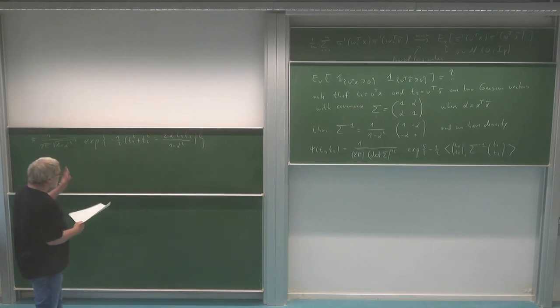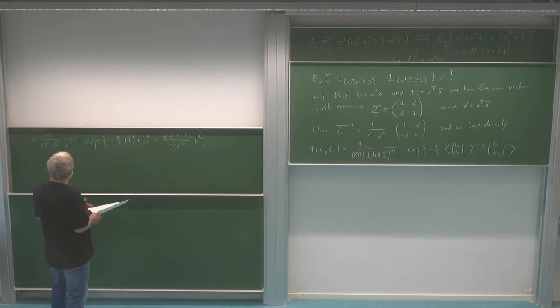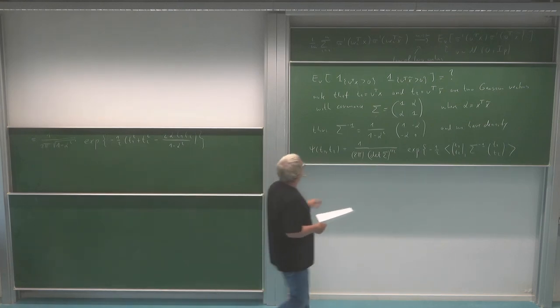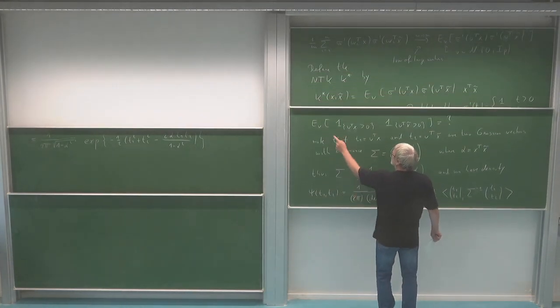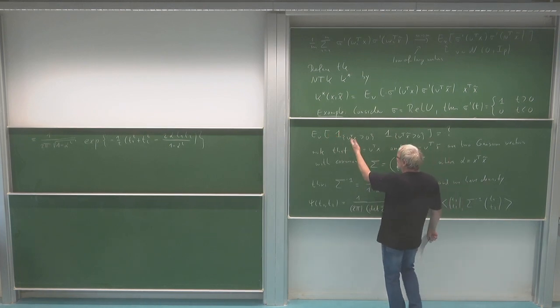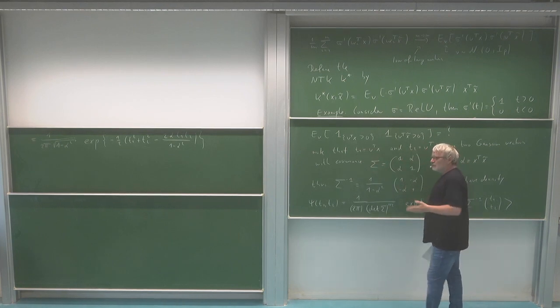Good, okay, so that's the density, and what we want is the probability that both T1 and T2 are positive, because that's what we want here. We want this expectation over this characteristic function. So this is the probability that the T1 and the T2 both are positive.